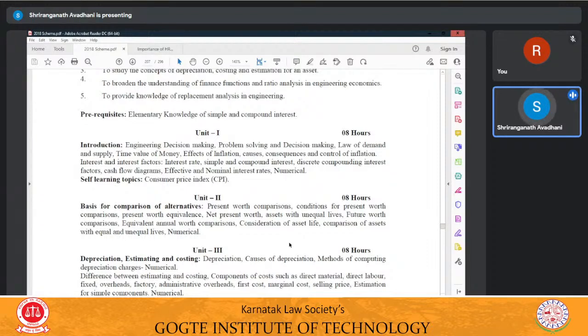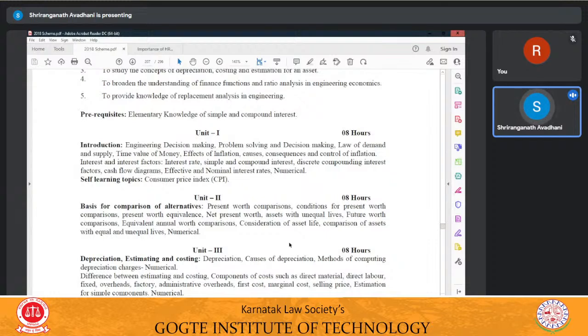When you're going to take a loan, normally we calculate the annual worth, whether it's worth taking that loan. When you're going to buy an asset, we compare the present worth, whether it's worth it today or not. Or sometimes you find out the future worth also. Suppose you are going to use it for around 10-15 years, you also find out whether it's going to be worth it after 10 to 15 years.